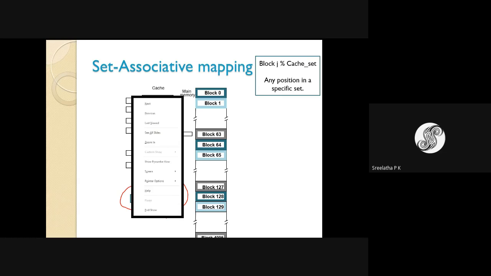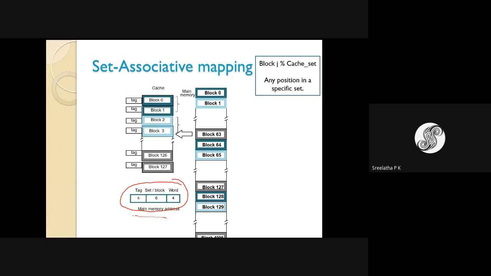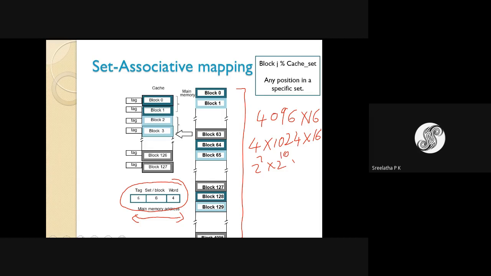Can anyone tell me how many bits are there for this memory address? The same example I have taken. There are 4096 blocks, each block containing 16 words. That is nothing but 4 into 1024 into 16 words, that is 2 power 2 into 2 power 10 into 2 power 4, which is 2 power 16.